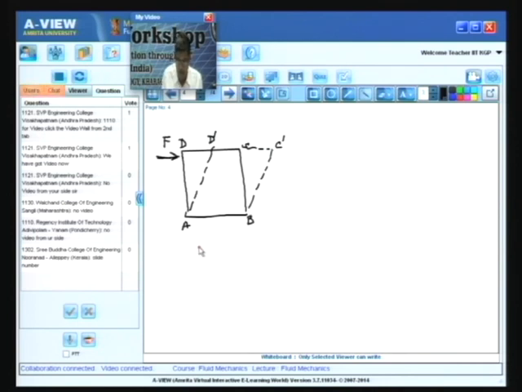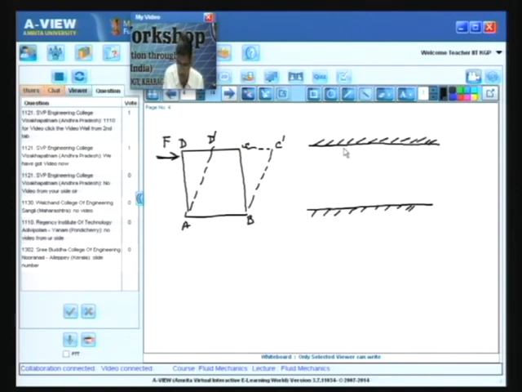But what happens in case of a fluid? If you consider a fluid element, then we have to consider it like this. Let us consider a fluid contained between two parallel plates.